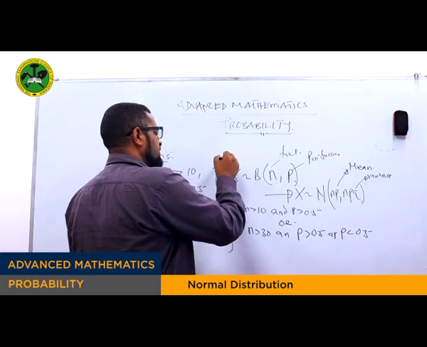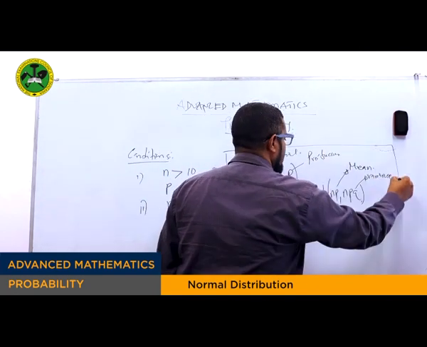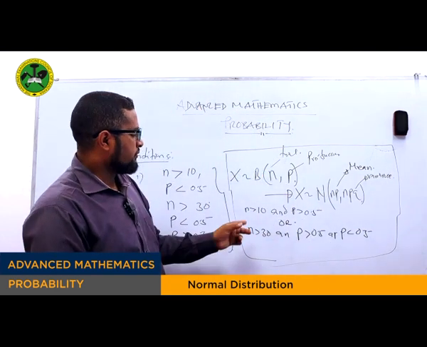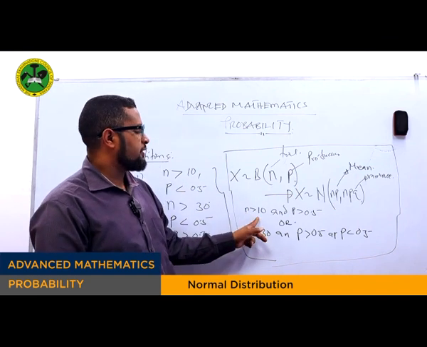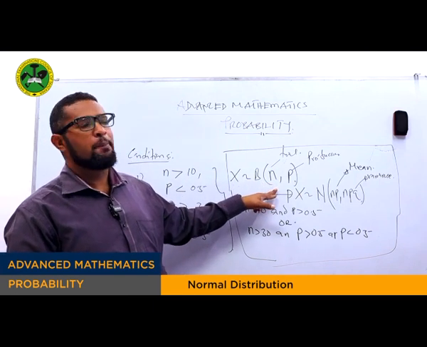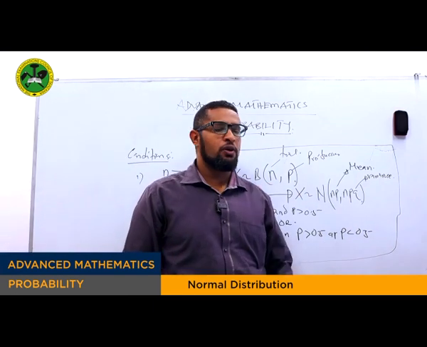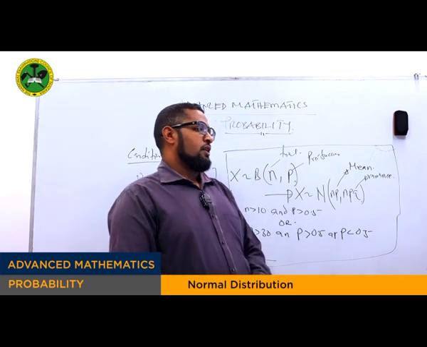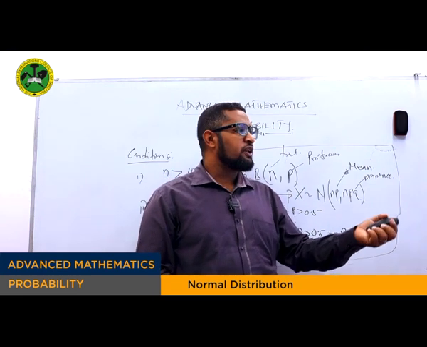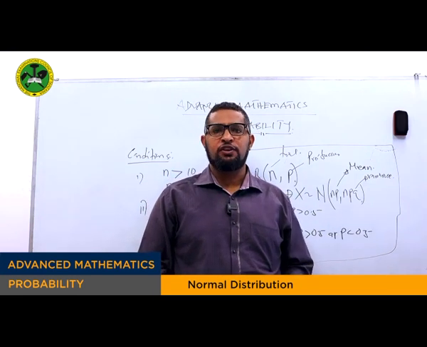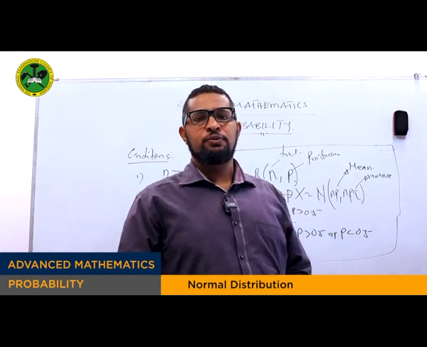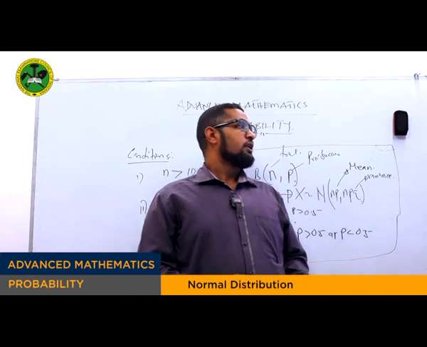So you'll be using this approximation if you are given number of trials greater than 10 and p less than 0.5, then you are supposed to use this one to approximate the binomial to normal distribution. Now, after checking the condition, let's see how we are supposed to apply it in solving questions. Or how will you know this question is concerning binomial approximation to normal? Let's see the example.